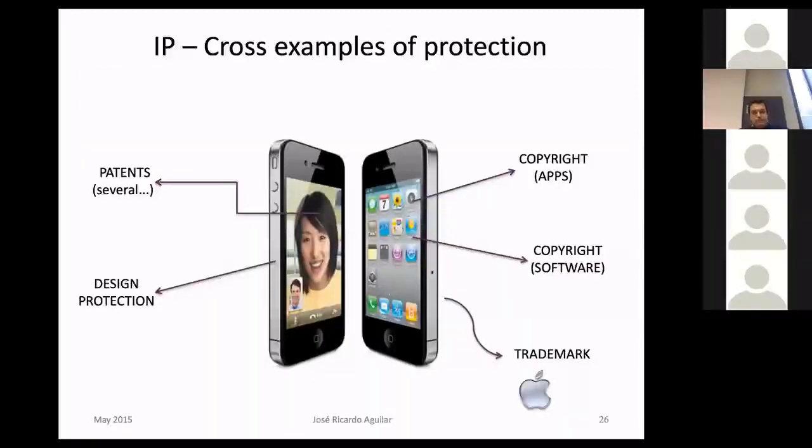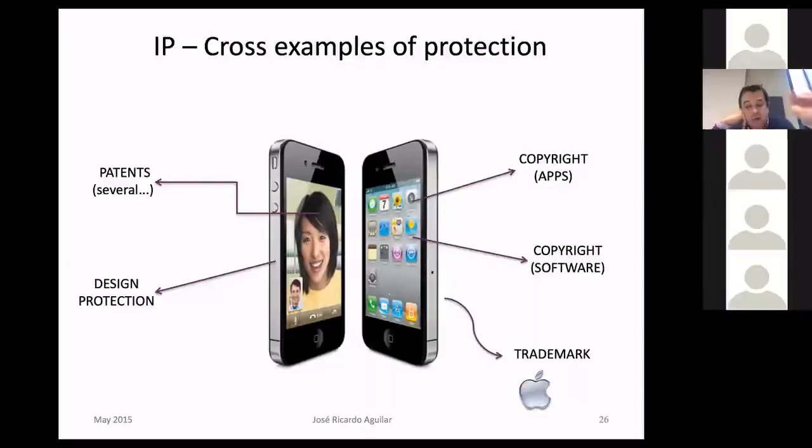So as a single example, and getting back again to that first slide, when we talk about ideas and the protection of different angles of one idea, we have here a mobile phone. And what we can see here is that we have several patent applications covering very different aspects, technical features which are embedded in this mobile phone.